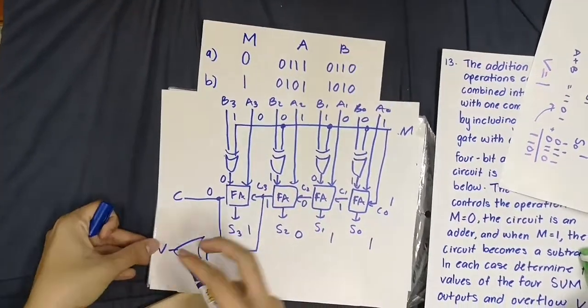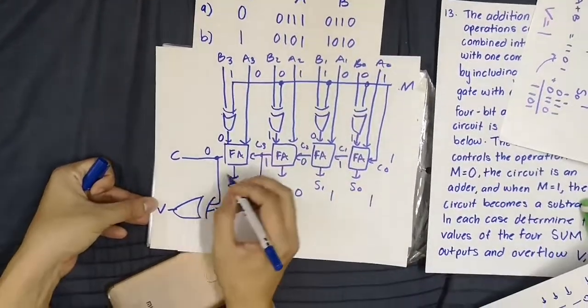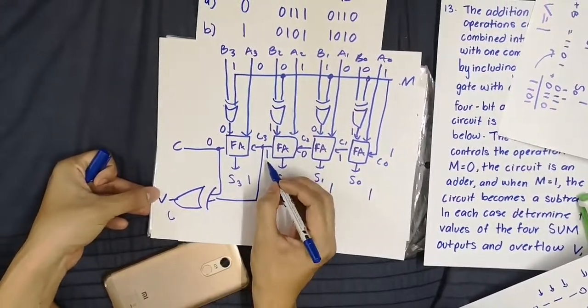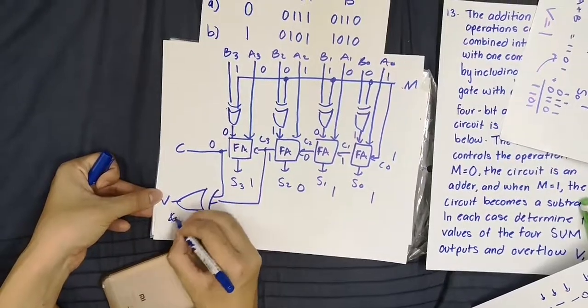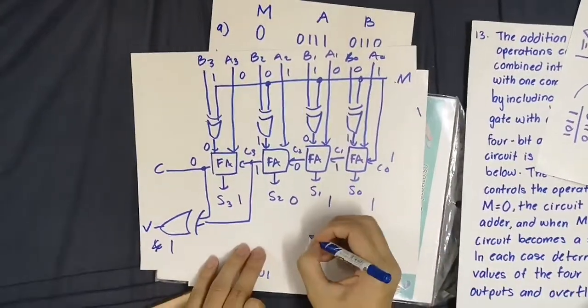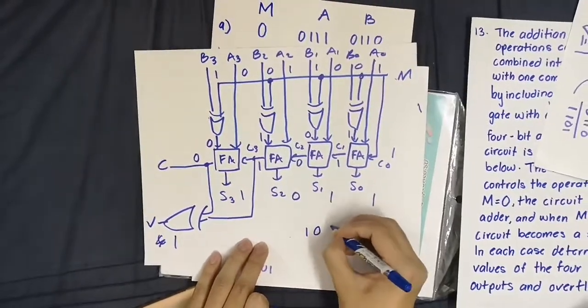At the final carry we get different inputs, so it becomes 0. With different inputs we get 1. So we get the final answer as 1 0 1 1.